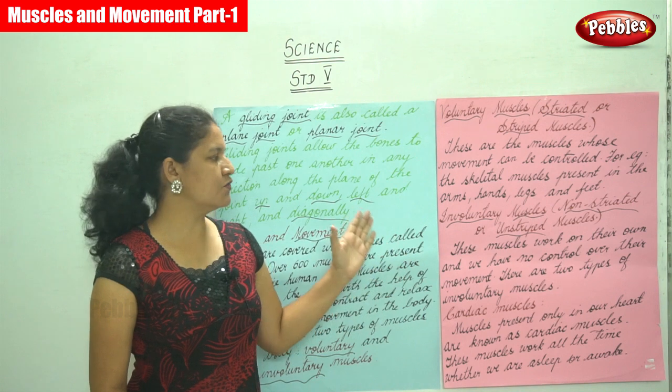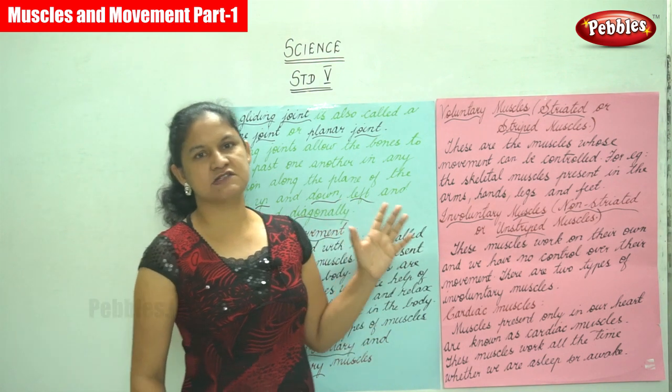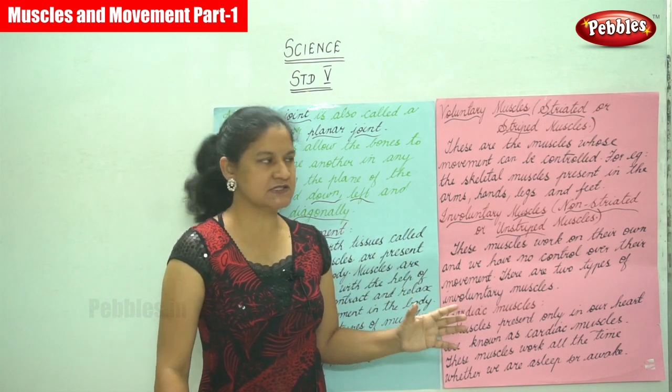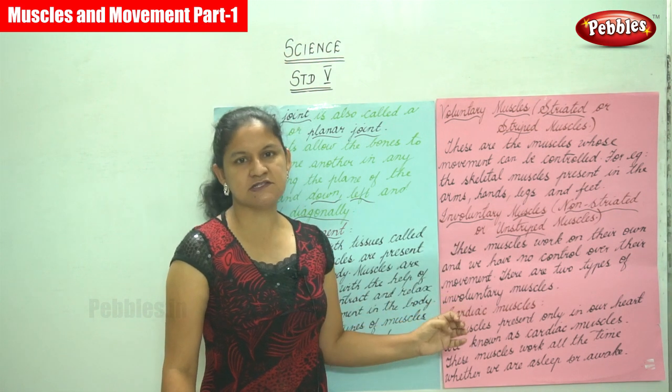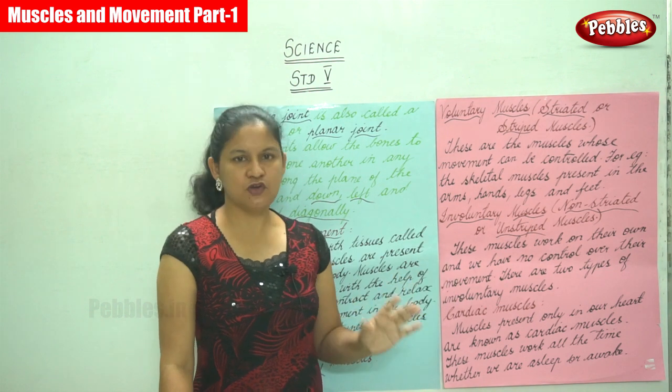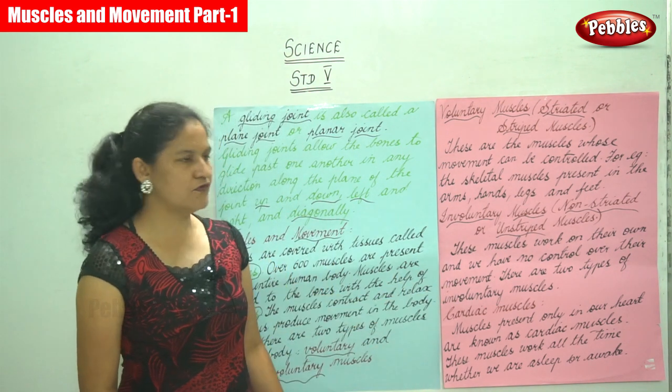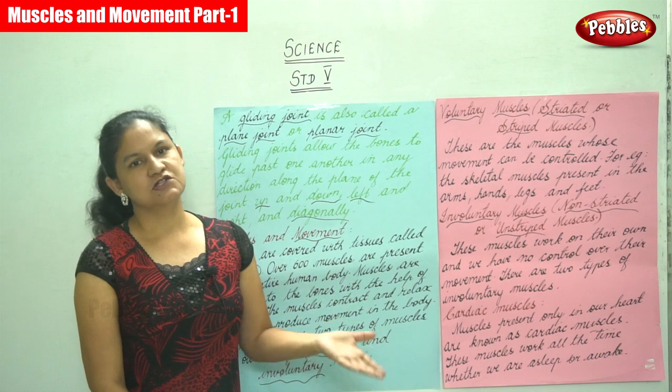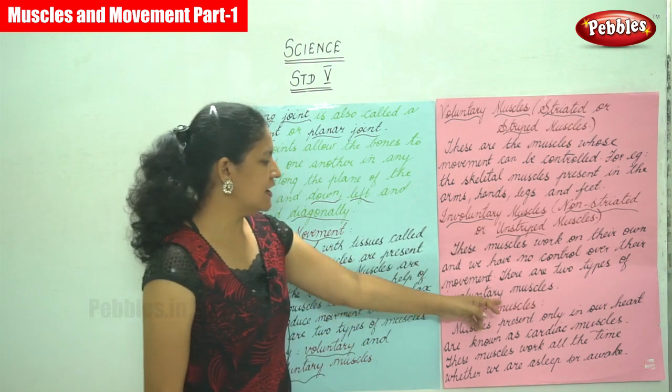Next is your involuntary muscles, the non-striated or unstriped muscles, which work on their own, and we have no control over their movement. Again, there are two types of involuntary muscles.